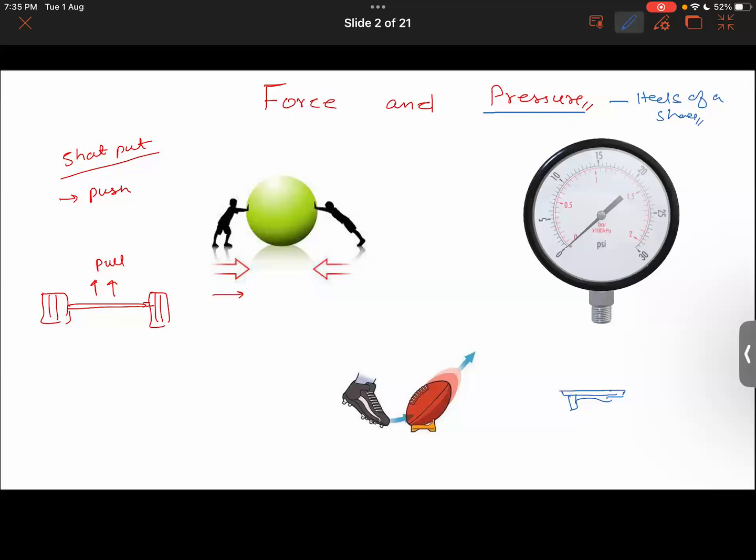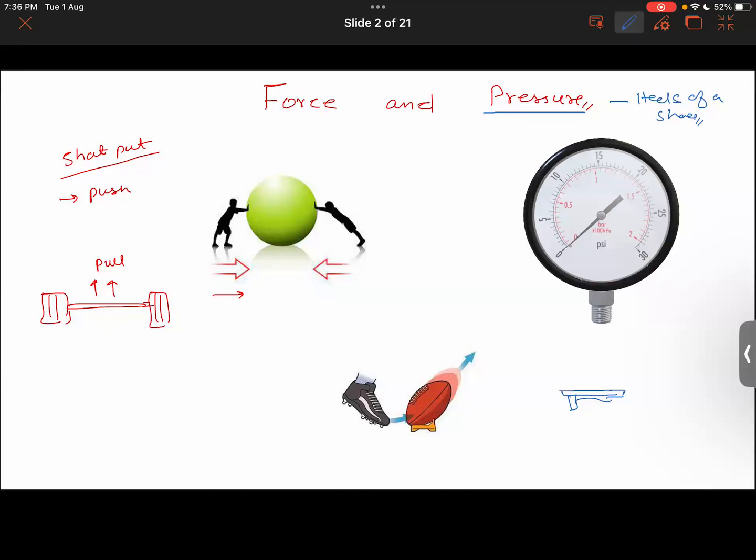If the narrow base of the heel of a shoe falls on our foot, it hurts our foot too much. Or if the heel of the shoe is broad and it were to fall on our foot, it hurts much less. Why is it so?